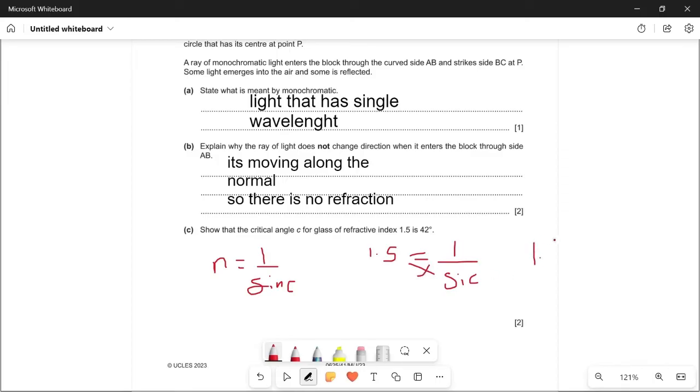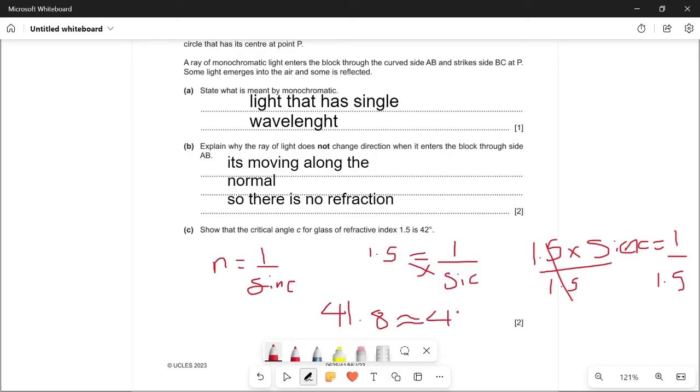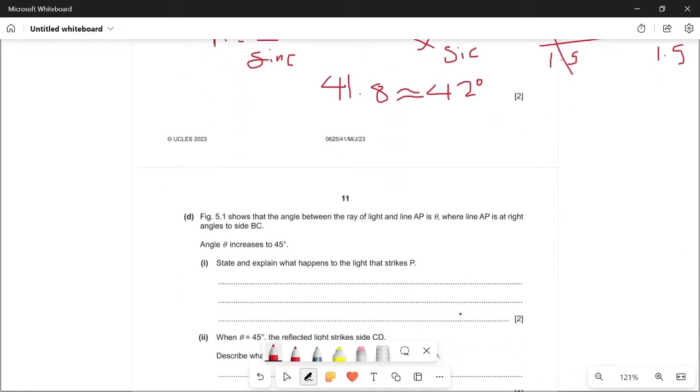So 1.5 times sine C equals 1. So we can divide both sides by 1.5 to isolate sine C. So 1 over 1.5 would be 0.666. And then we can do shift sine on our calculator to find that, and it would be 41.8, which is approximately equal to 42 degrees. So that's how we find the critical angle.